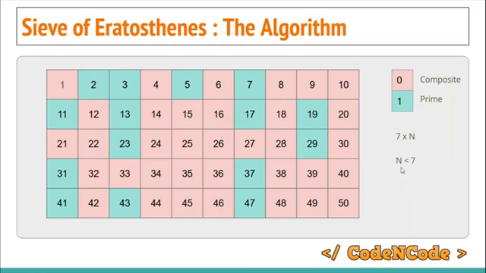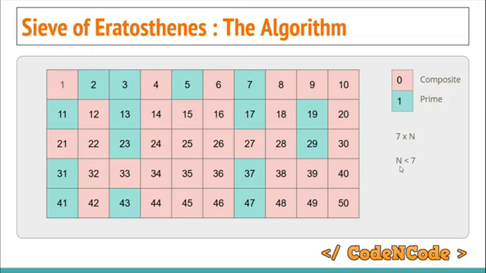And the reason is that when n is smaller than 7, then n would be a multiple of some other prime number, and while we were marking for those primes, which would be smaller than 7 of course, because n is smaller than 7, n would be either a prime number smaller than 7 or a composite number smaller than 7.